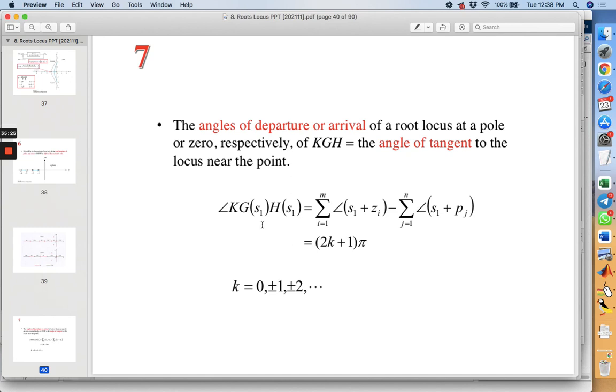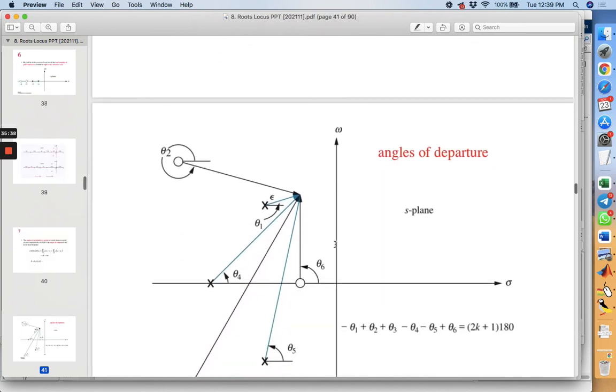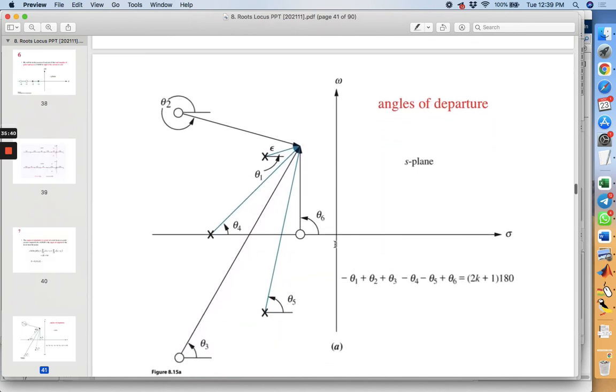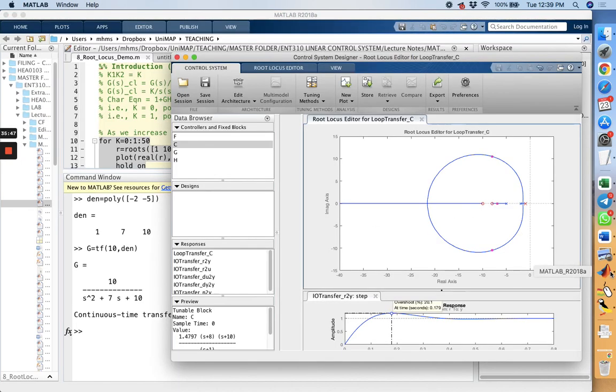This is the formula: the summation of angles of zeros minus the summation of angles of poles. This is the angle of departure. When we say an angle of departure, it is when it departs from the breakaway point, or it departs from the poles.